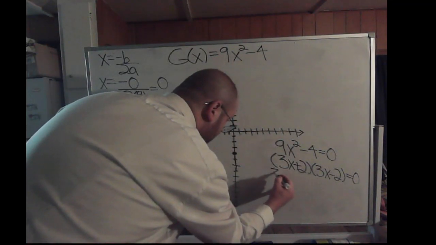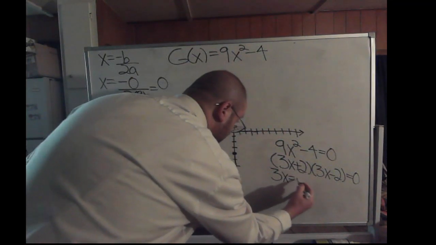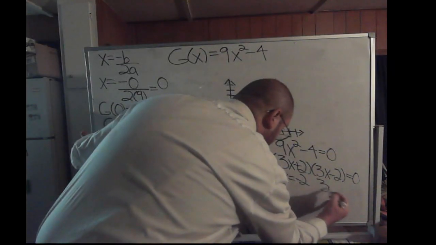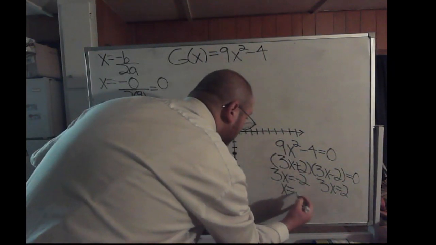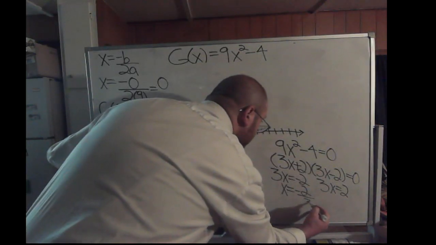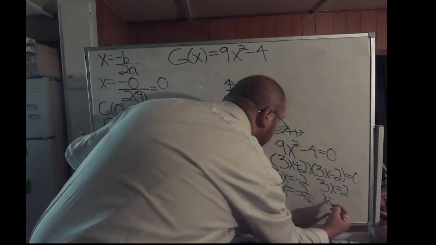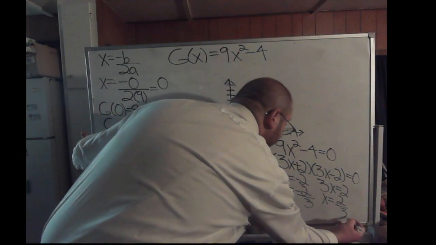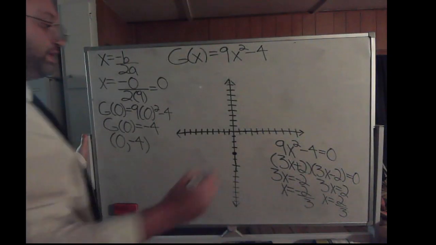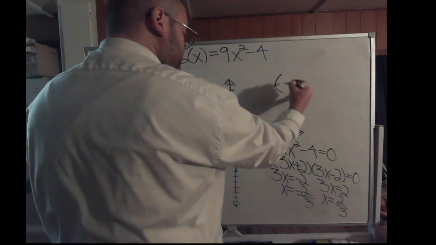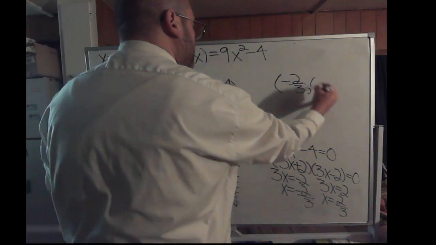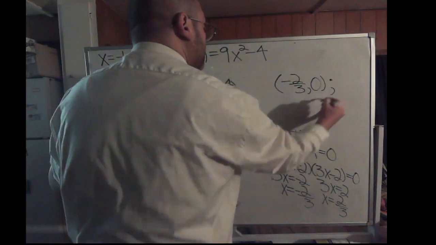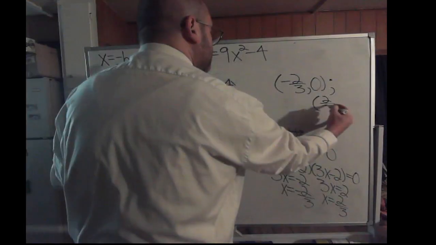So then you would get 3x equals negative 2, and 3x equals positive 2. X would equal negative 2/3. X would equal 2/3. So therefore, your x-intercepts are going to be at negative 2/3, 0, as well as at 2/3, 0.